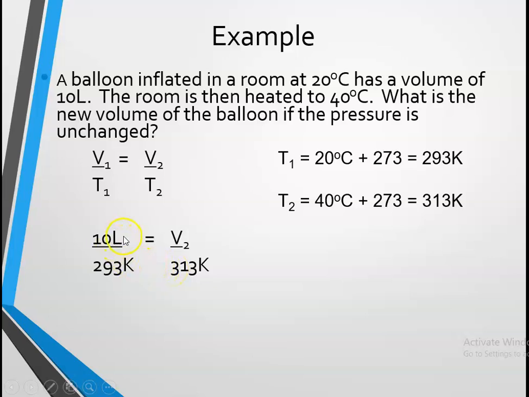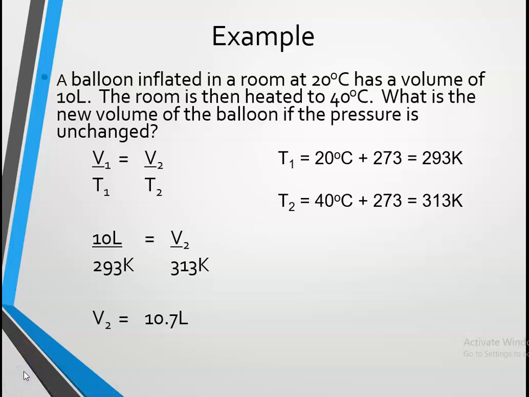Now, most of the time, I know you like to cross multiply. However you like to solve, you can cross multiply and then divide. Really, you can multiply and divide in any order, but you can say 10 times 313 divided by 293, and you should get 10.7 liters.